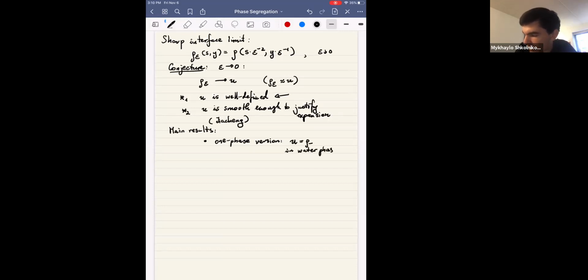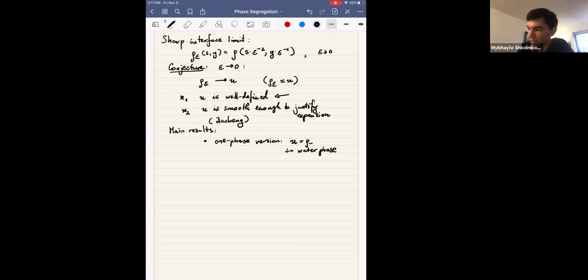So in other words, imagine that I look at a simplified version of the conjecture and the whole setup, where within the water phase, I assume that the concentration has already equilibrated. So it has already reached this equilibrium concentration of rho minus, right? That's supposed to happen after you run the phase segregation process for a long time. But let me assume that you have already reached the equilibrium concentration on one side, but on the other side, in the oil, the concentration is still evolving according to this nonlinear heat equation or porous medium equation.